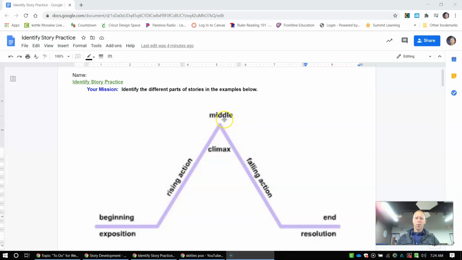In the Sorcerer's Stone, the climax would be when they're in that basement and Voldemort is in that guy's head. The rising action before that would be when they fight the troll, and they're in the forest and see Voldemort the first time, and so on. Then the falling action, and then the end. I'm not going to get in depth about Harry Potter, but let's look at an example together.